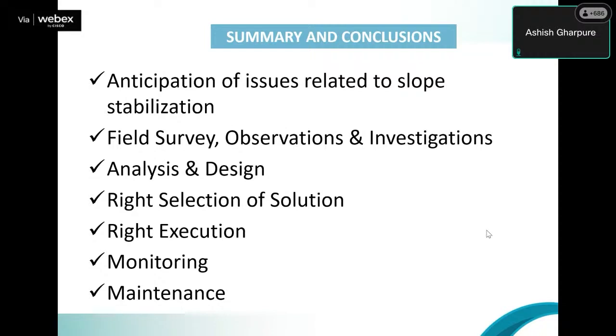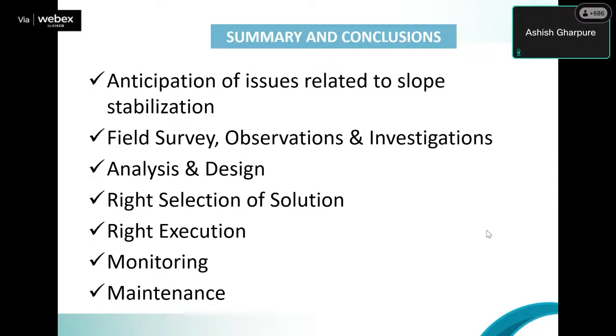Right selection of solution. I can again go on ranting about a few things, but again, a glimpse of it. Even if a wall is selected, there is a choice. If you have a soil slope, cut slope or something, you can choose a more flexible structure. If you have a rock cut where you want to make a toe wall, maybe you want to go with PCC or concrete or gravity.